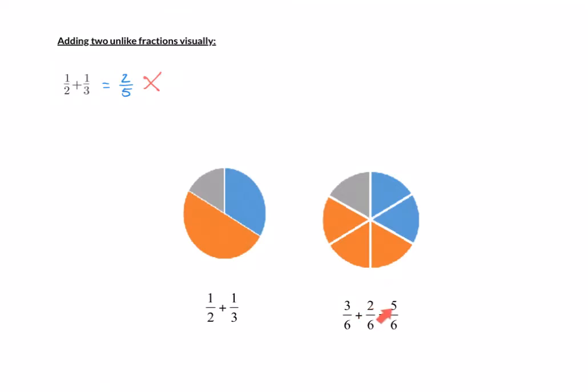We add the tops to get 5, and we keep the bottoms. So that's going to be the trick when we talk about adding unlike fractions. The first step is always to find the least common multiple of the denominators. So let's go ahead and look at some examples.